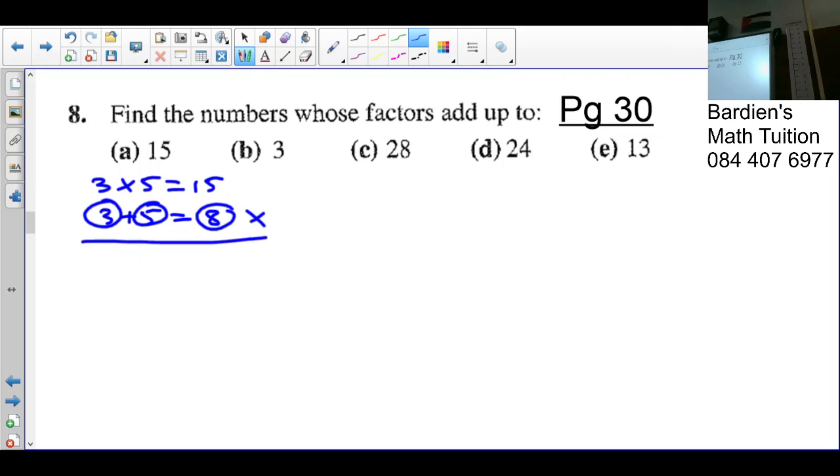Because if you're looking at factors that add up to 15, you must add them to get 15. So it's 1 and 14. Sorry? Find numbers whose factors.